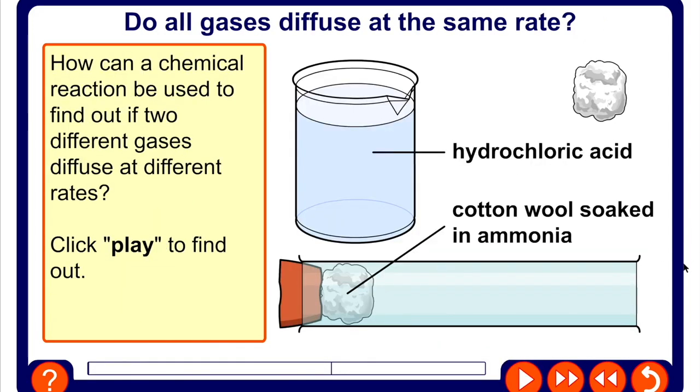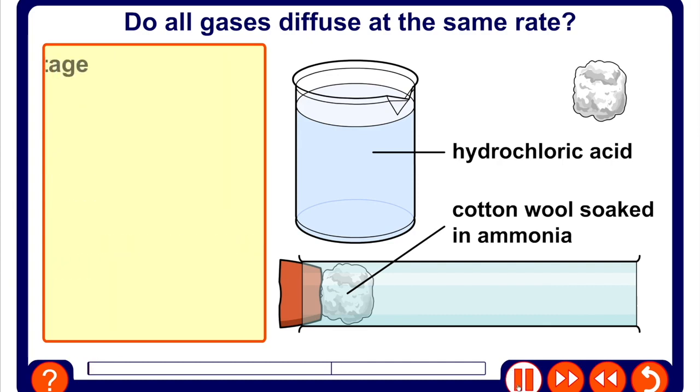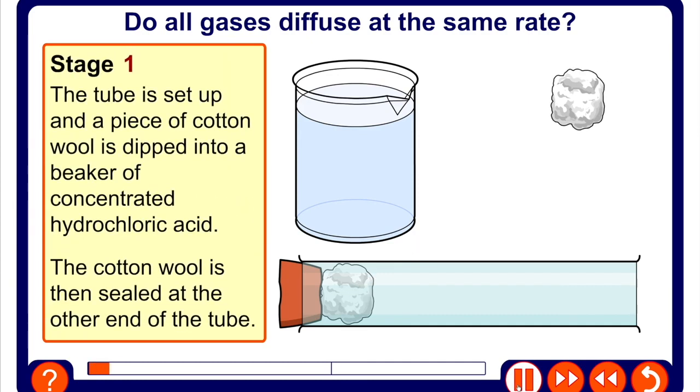There's another experiment here which is also about diffusion. This experiment is particularly important. So what do I have here? I have a piece of cotton soaked in ammonia, and another piece of cotton soaked in hydrochloric acid. I'm going to put both pieces of cotton inside this tube after I've soaked them in their liquids.